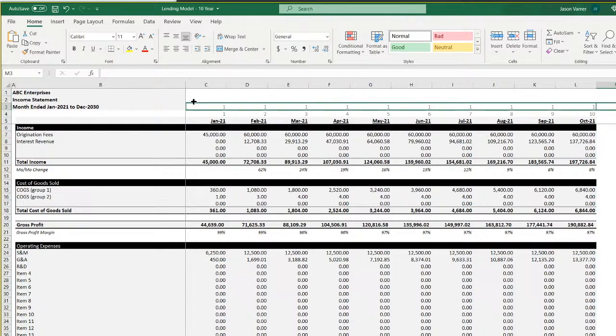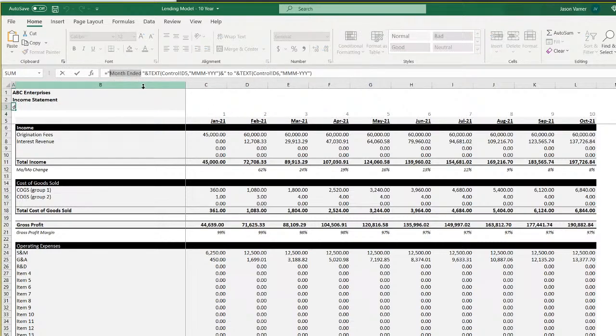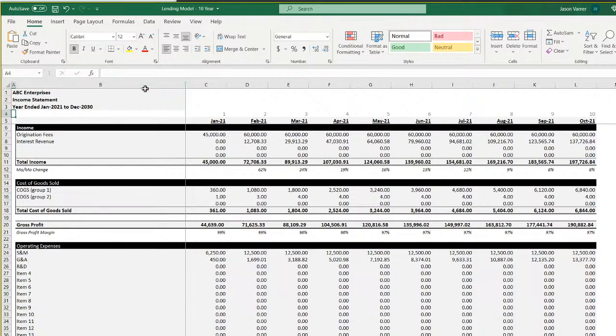Don't need this. Wait, is this the year? I guess it doesn't matter which one. We'll just use this since it's in. So this is year ended. I think that's what we named it.